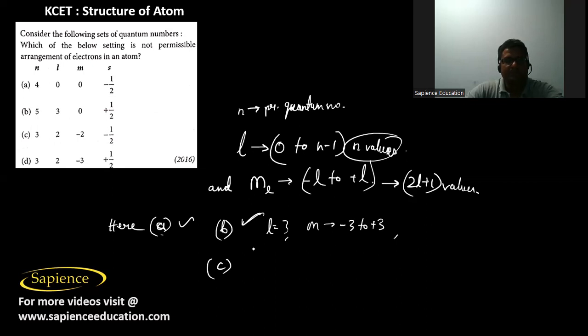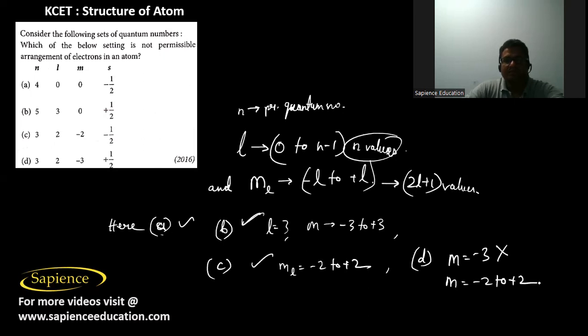In option C, L is 2 and n is 3, and ml also will go from minus 2 to plus 2, so it is also permissible. But in option D, L is 2 and n is 3, which is okay, but ml is given as minus 3, which is not permissible, since ml will go from minus 2 to plus 2 only, as L is equal to 2. So option D is not permissible, and option D is the correct answer.